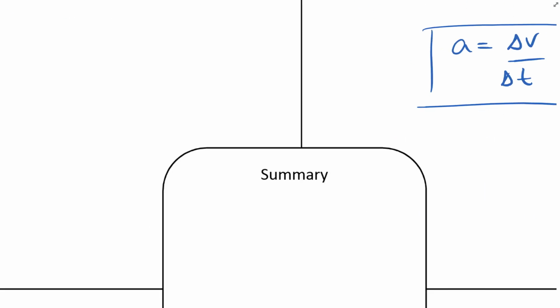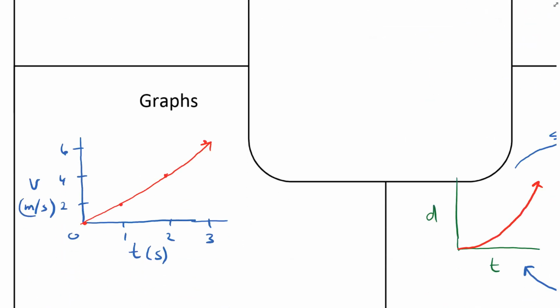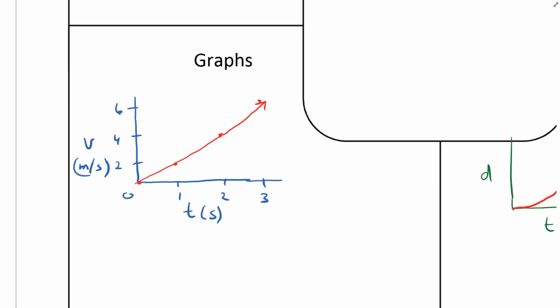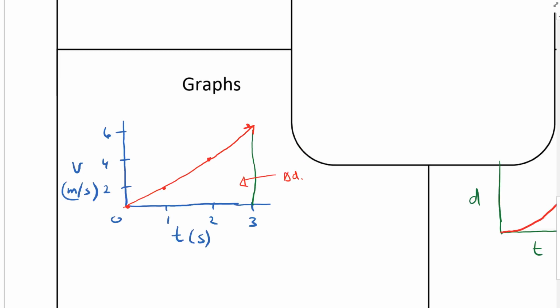So let's go back over here and remind ourselves that one of the things about our VT graph, and this is a big one, is that the area underneath, so this area in here, maybe I'll go back to red, this area in here tells us the displacement. Okay, so this is one of our big ideas here.